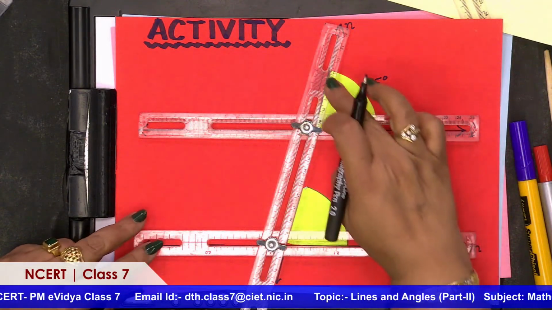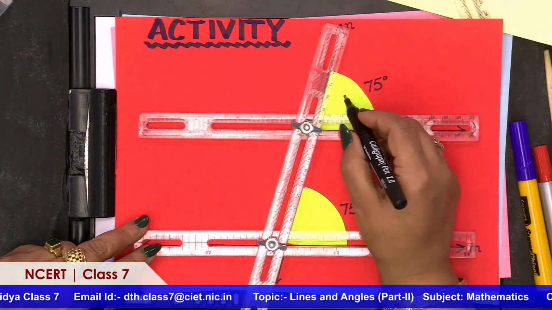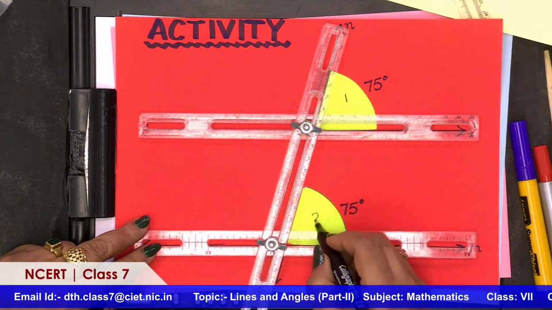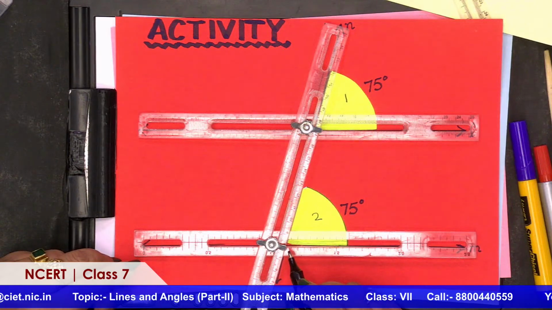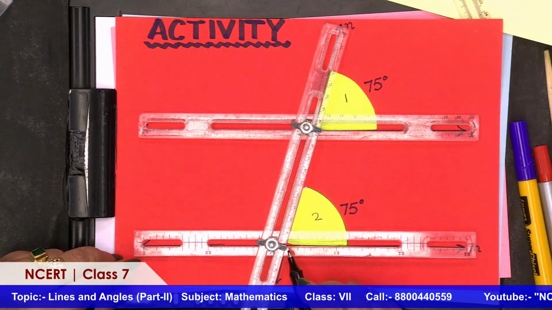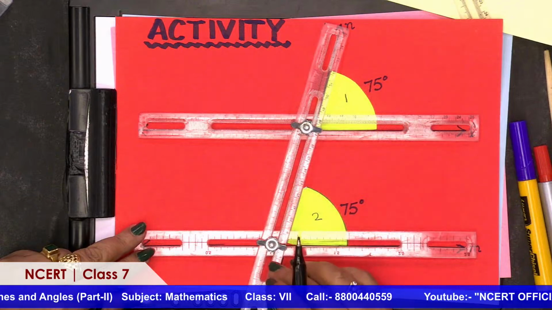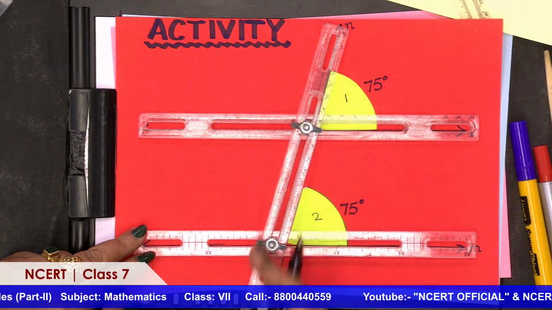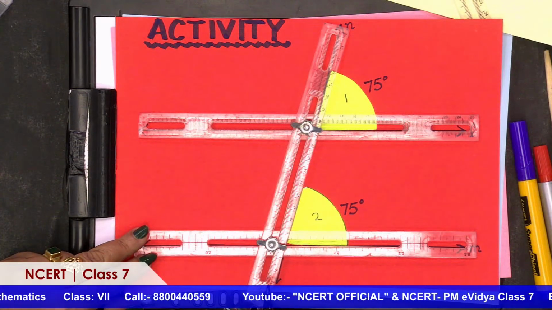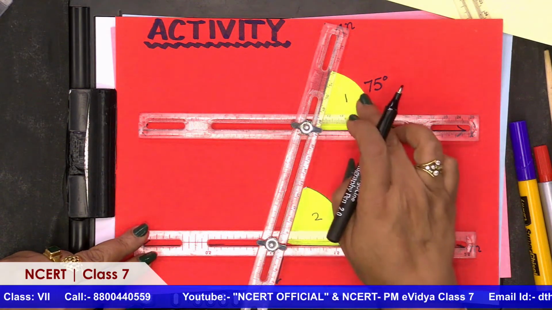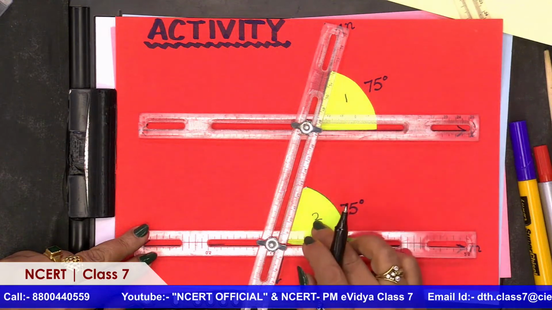So, this angle, let me name it angle 1 and this is angle 2. These two are equal. What are these angles called? Corresponding angles. Whenever these two lines are parallel and the transversal cuts them, the corresponding angles are equal.